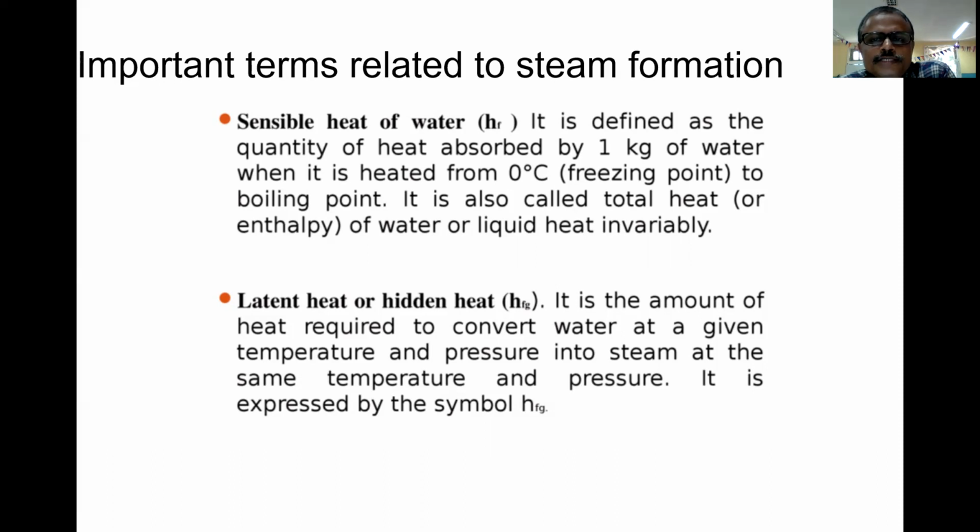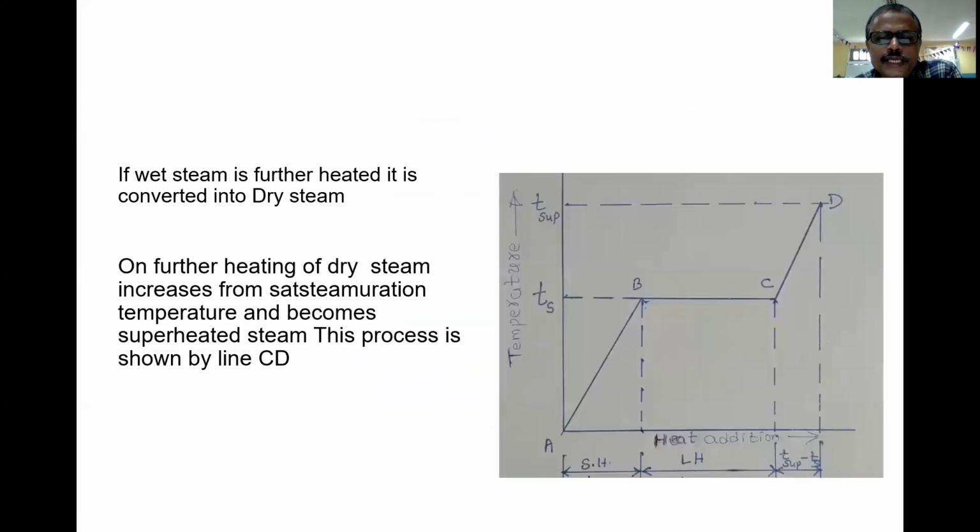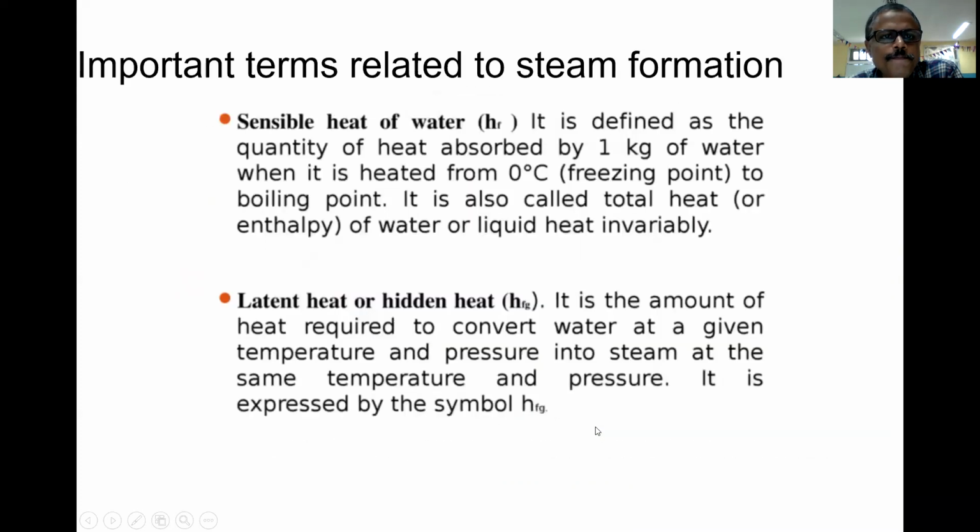It is also called the total heat of water or liquid heat. That is indicated by the term HF. This is HF. So this is sensible heat. It is the amount of heat required to convert 1 kg of water at 0 degree centigrade to 1 kg of water at boiling point. It is sensible heat denoted by HF.